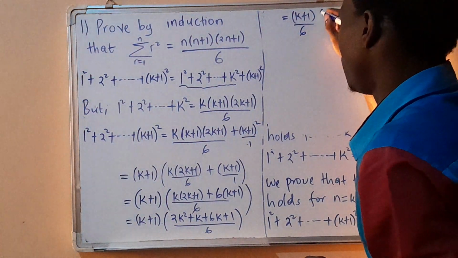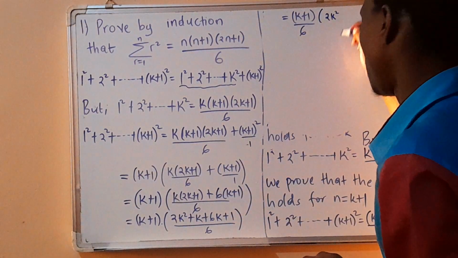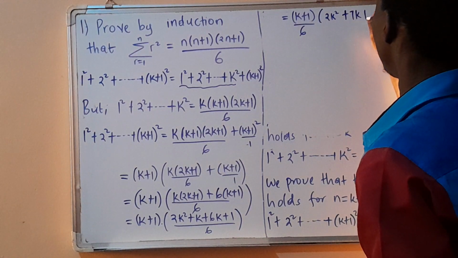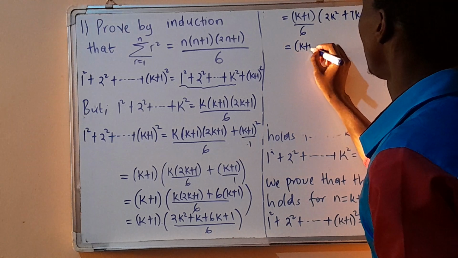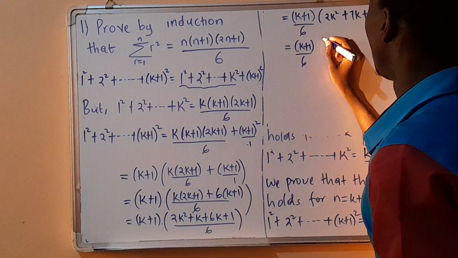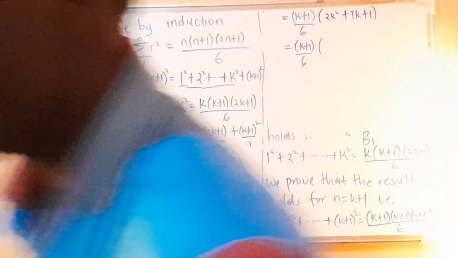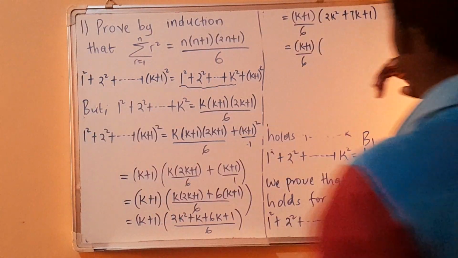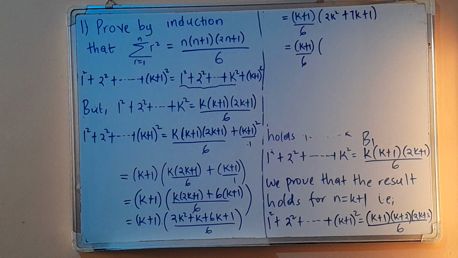So here I have 2k squared, then 6k plus k, that is 7k plus 1. So this becomes k plus 1 over 6. So I have to factorize this quadratic expression, 2k squared plus 7k plus 1.